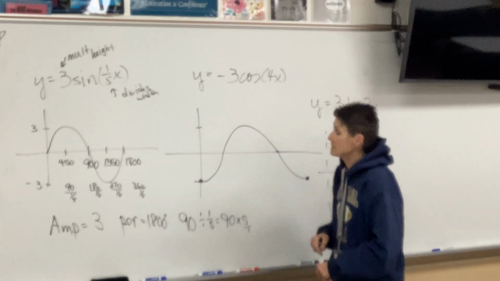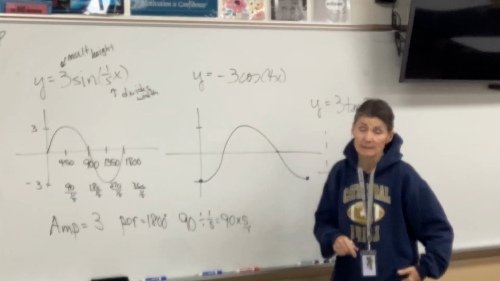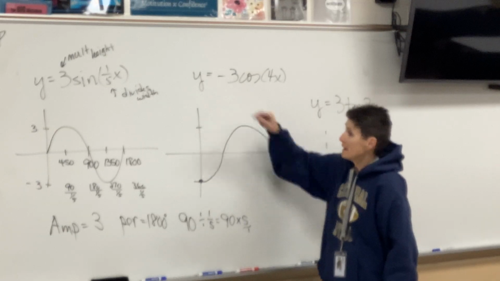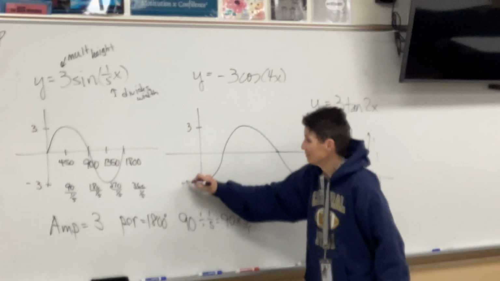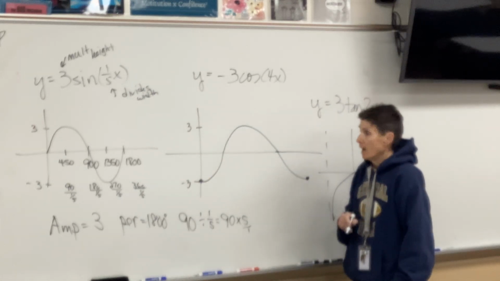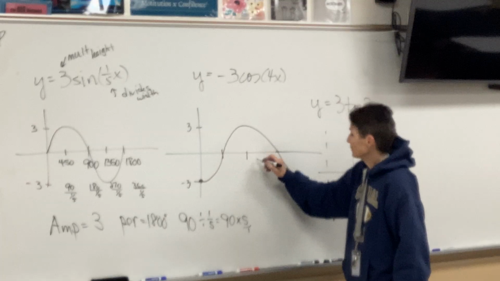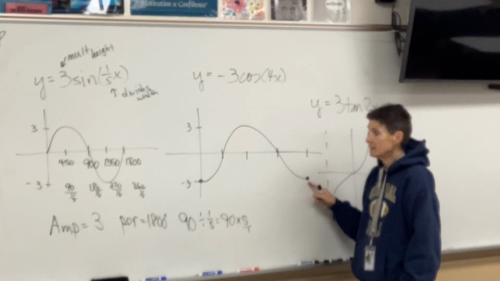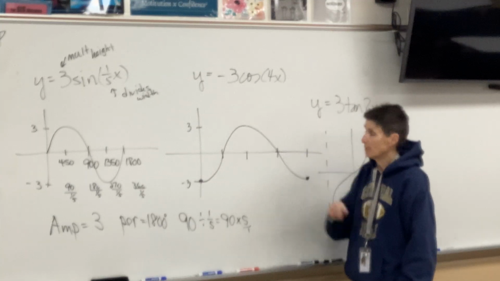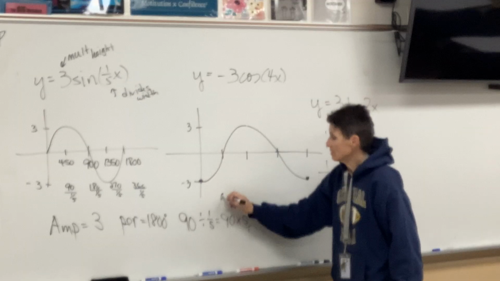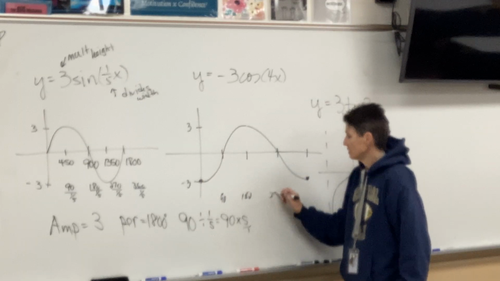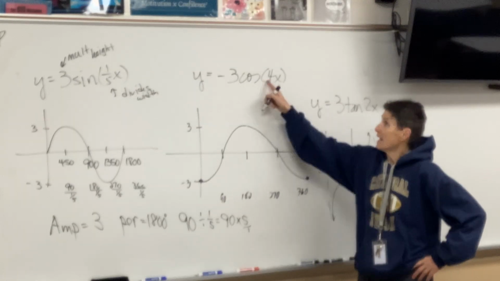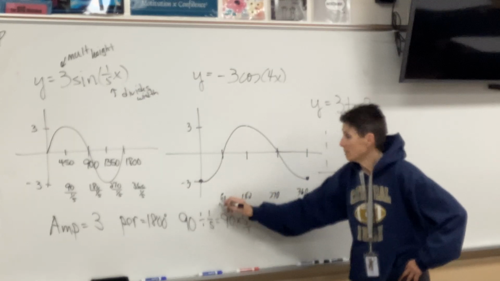Okay, now we're going to do the same exact thing with the cosine, and truly it is exactly the same. I need these labels. There's a 3 out in front of this one too, so this is going to be 3 and negative 3. I know that normally my labels, and notice where I'm labeling, I'm obviously labeling where I ended, where I crossed, and the top of the hill. And normally those would be the same, 90, 180, 270, 360. But this time, I'm dividing by 4.